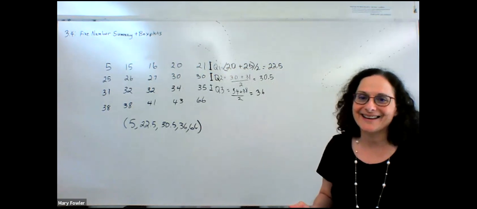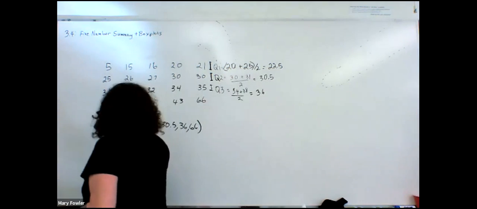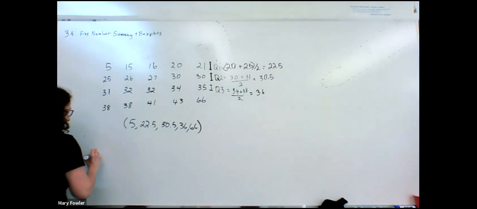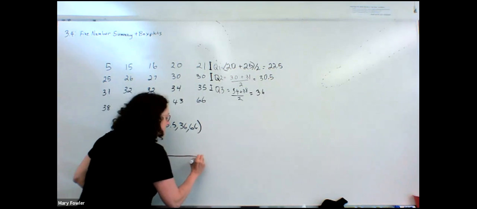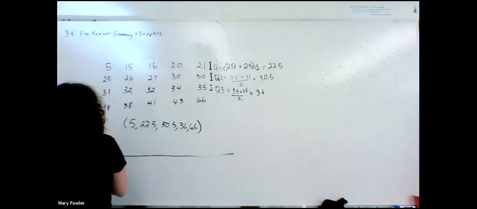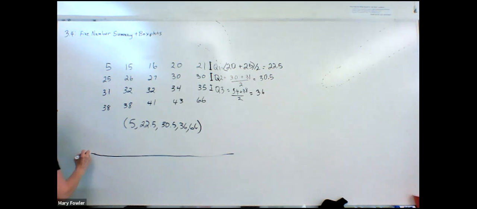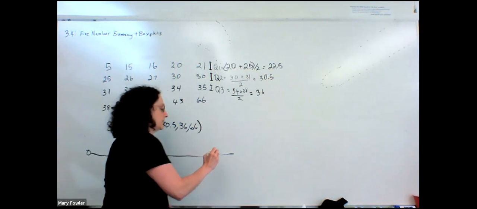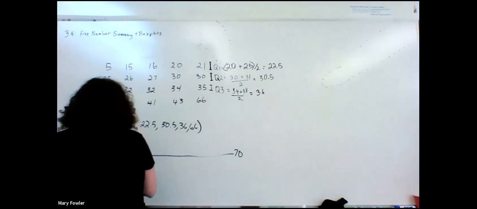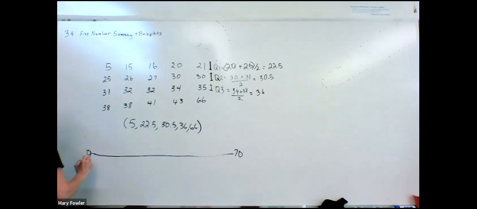Let's go ahead and draw a box plot. So the box plot, you need a range that goes from 5 to 66 at least. Well, why don't I go ahead and start it at 0 and go to 70. Okay, so let's see.